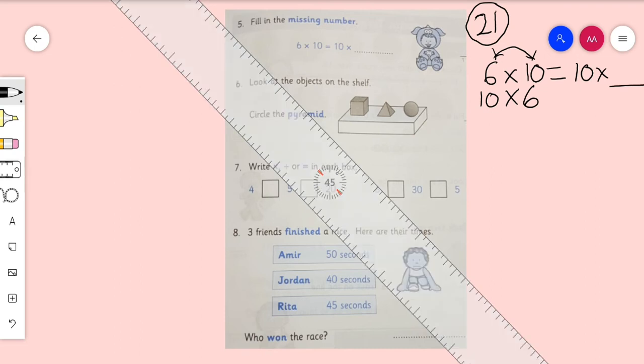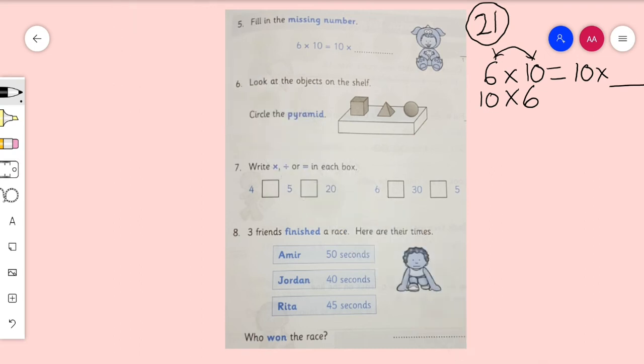Here it says 10 times something, and we've seen 10 times 6 is the same as 6 times 10, and the equal sign means it has to be the same, which means we can write 6 here because there's a 6 here, and the answer we need to write here too.